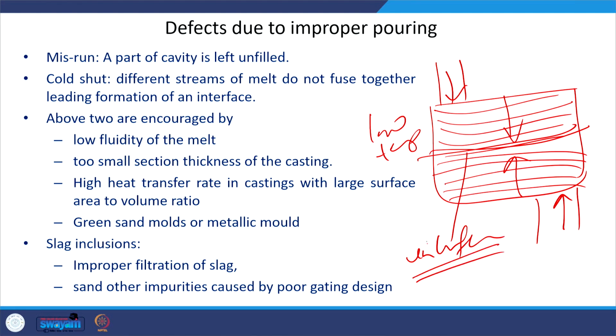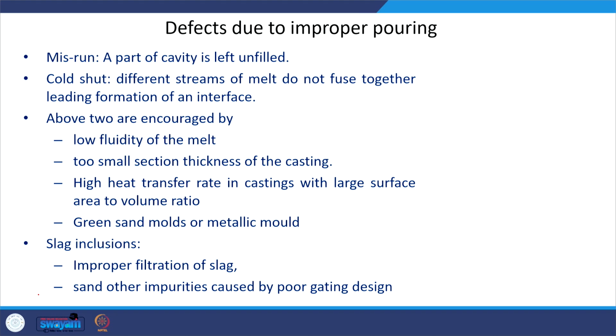This interface will not have any kind of metallurgical bond, and that will act as a weak location from where the casting will break. Okay. So, the cold shut is formed when the two different streams of molten metal coming from different directions do not fuse together, leading to the formation of an interface. This is a kind of lack of bonding in the different sections formed by the streams coming from different sides. These two defects are encouraged by the low fluidity, obviously due to the low temperature.